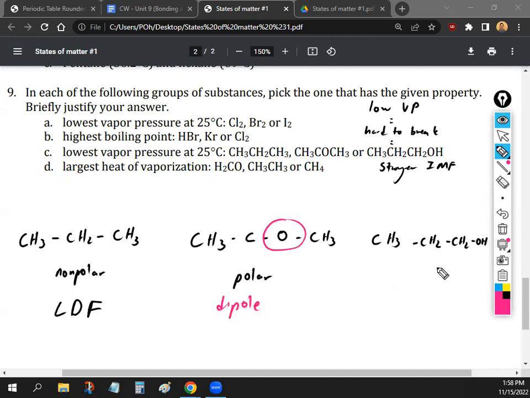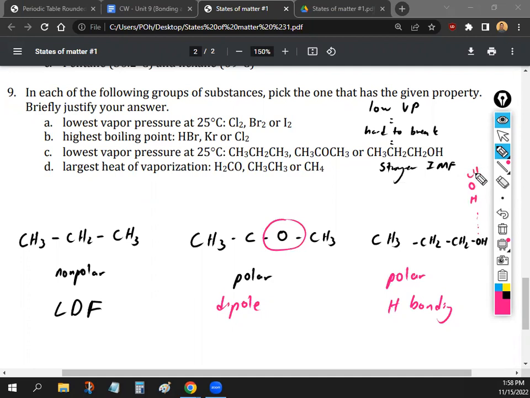Let's look at this one right here. Is this guy polar or not polar? Yeah, it is polar. What's the strongest IMF that this guy feels? Yeah, H bonding. Good catch. Because of the oxygen-hydrogen bond, this is going to have an intermolecular force with the hydrogen from another one of these.